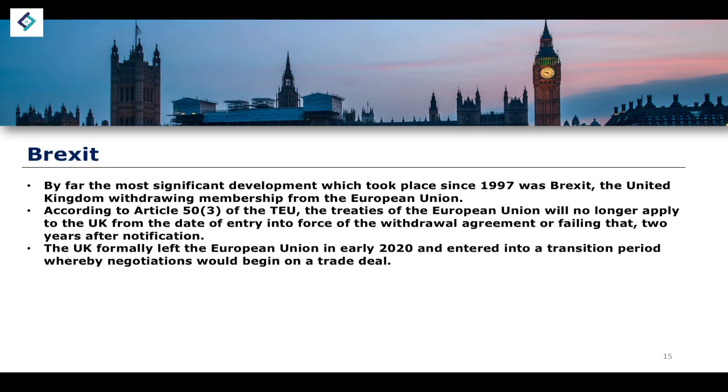Now, the UK formally left the European Union in 2020 after they had introduced the referendum in 2016. The Leave vote won this referendum, and then from then to 2020 we had the negotiating process for formally leaving the European Union. In 2020, we left the European Union and entered into what is known as a transition period.